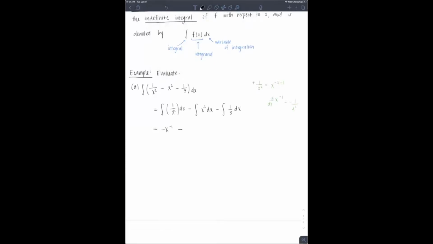And then minus x squared. If I focus on that, at some point I'm going to again add 1. And so at some point I definitely had x cubed. But when I take the derivative of x cubed, I get 3x squared. So what do I have to multiply my antiderivative by?